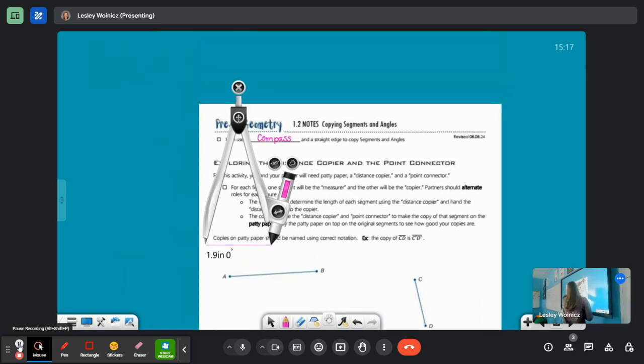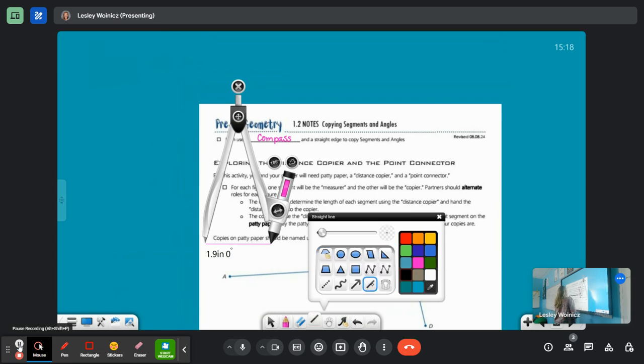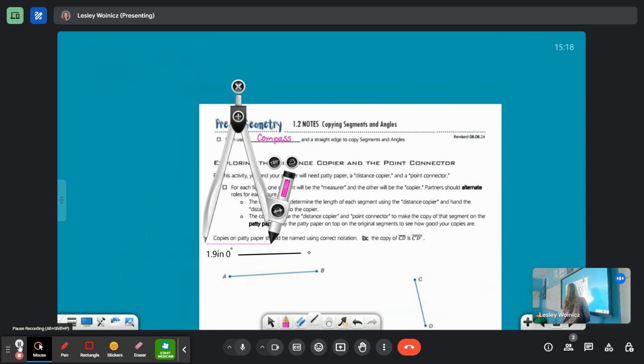Okay, so if I'm going to copy segment AB, the first thing I need is an auxiliary line on which to copy it. So with your straight edge, go ahead and give yourself a line that you can tell is another segment or line that's longer than AB.